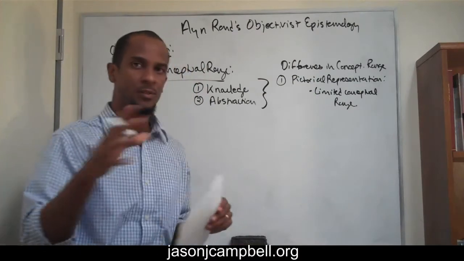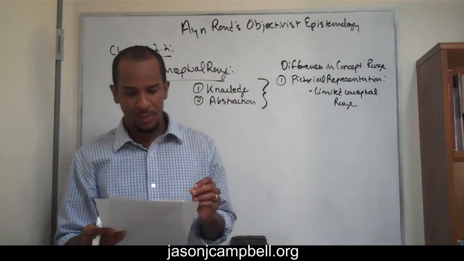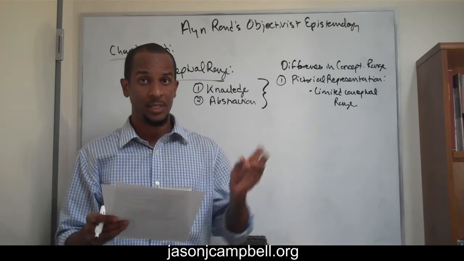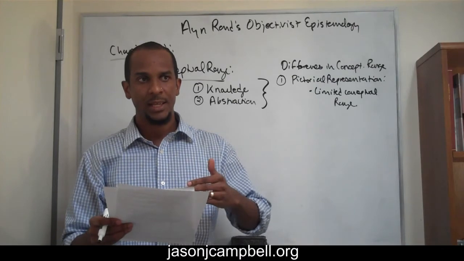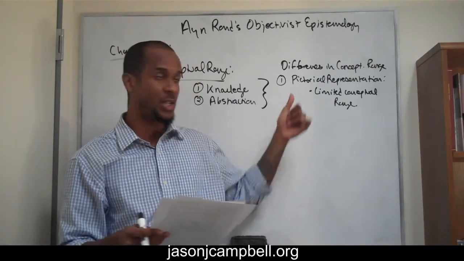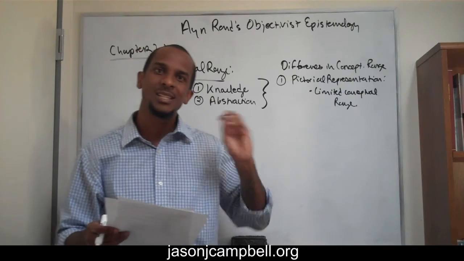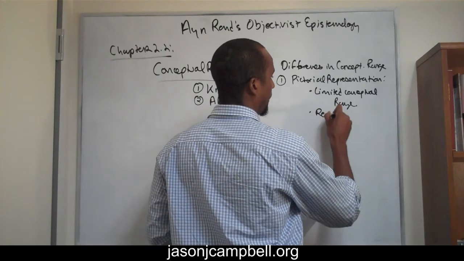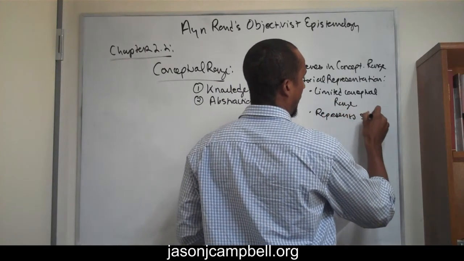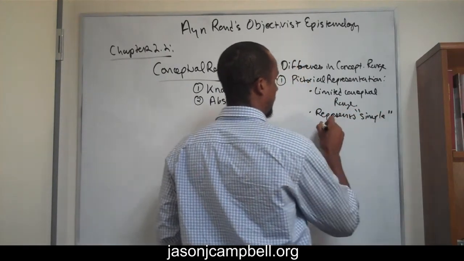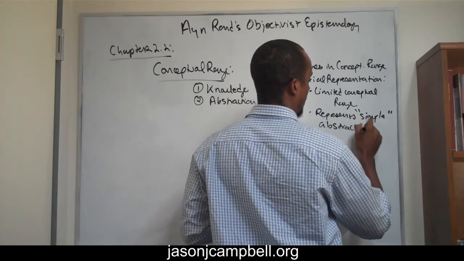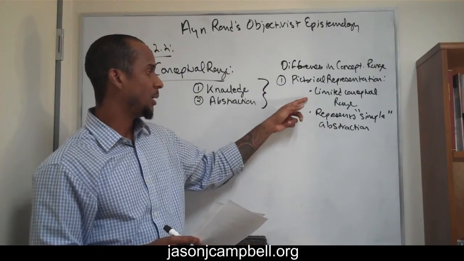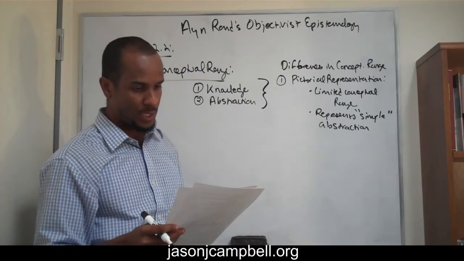I'll explain this in a second and give examples to clarify it. A pictorial representation has a very limited conceptual range, and it represents a very simple abstraction.